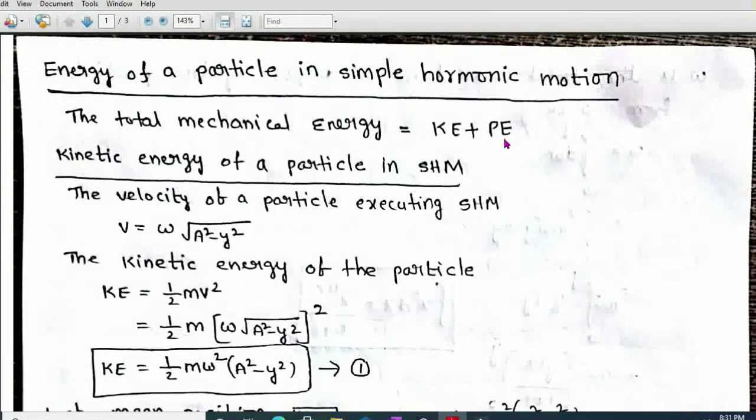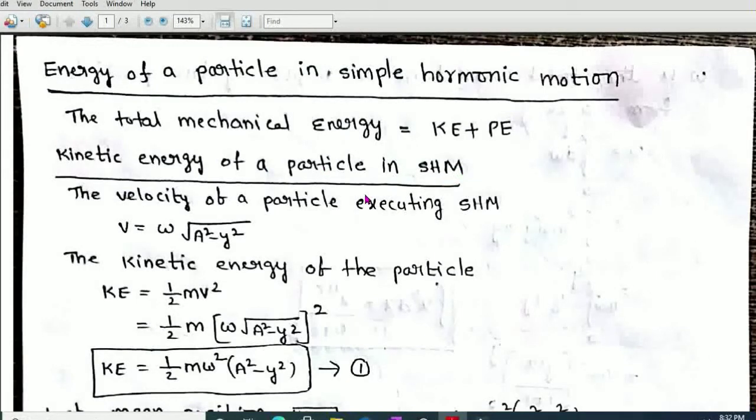Now let us find the kinetic energy and the potential energy of the particle individually, and after that we will add the two to get the total mechanical energy. First, let us find the kinetic energy of a particle in simple harmonic motion.